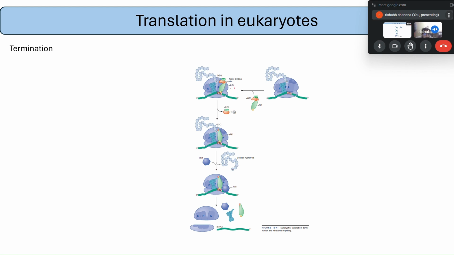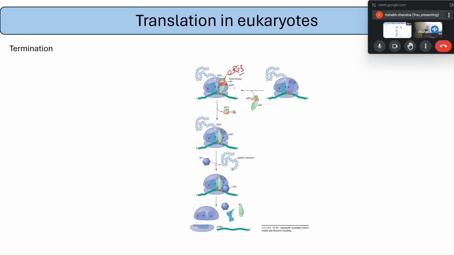We have the eukaryotic release factor 1, that is also GTP bound, and this binds to the A site, and then this GTP. So the eRF1 binds along with the eRF3.